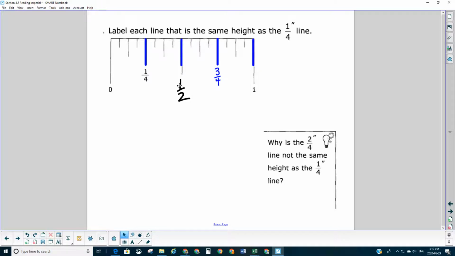Okay, and you'll see that all throughout. These smaller ones, of course, are 16ths, 1, 2, 3, 4, 5, 6, 7, 8, 9, all the way up to 16. But as you go along, you see that some of them, like this, would be 4/16 reduces to a quarter, or 8/16 reduces to a half. And so the length of the line has to go with the reduced number of 1/2.